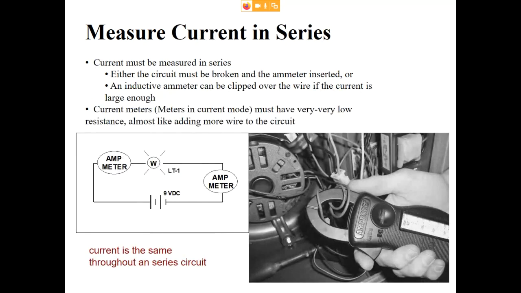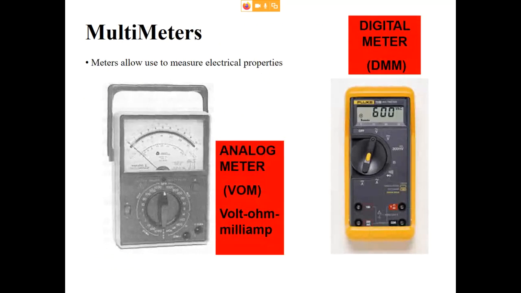On the other hand, a current meter, you need to measure that in series, unless it's a special one. The one shown on the right is called an inductive meter, and you don't actually have to break the circuit to measure it. But these meters here, you actually have to interrupt the circuit and wire it in series. We're going to be doing this in class, so please pay attention here.